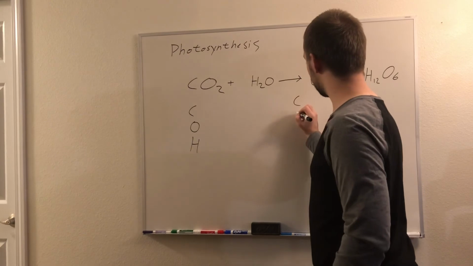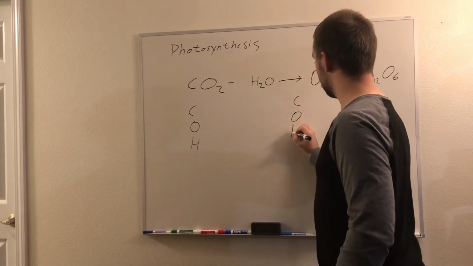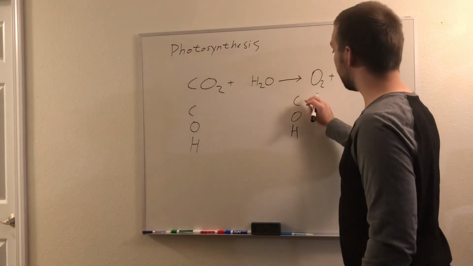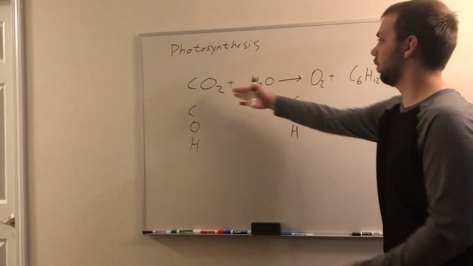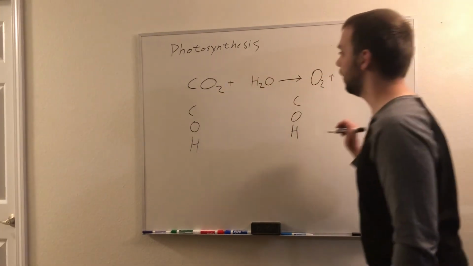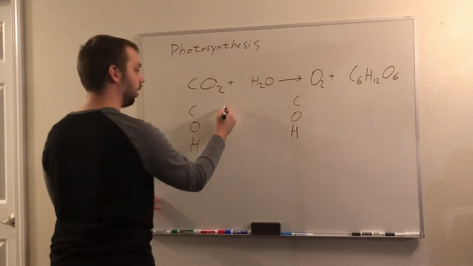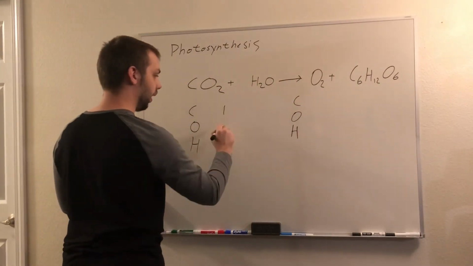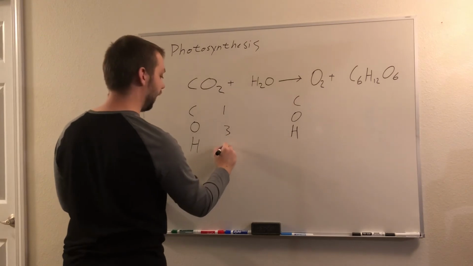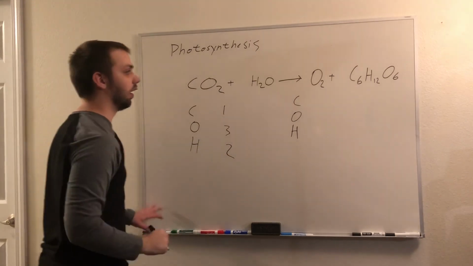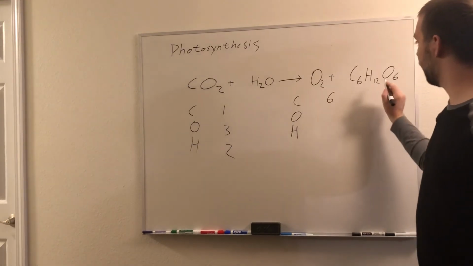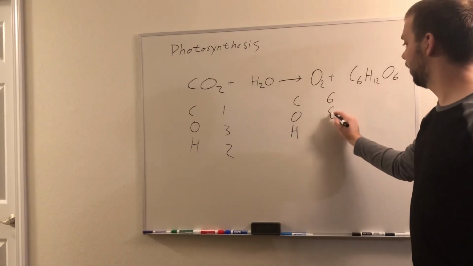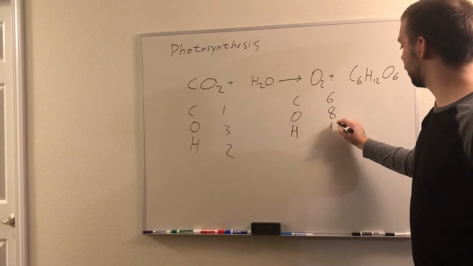And if you've talked about organic chemistry, then you'll know that organic chemistry is all about elements that have carbon. As you can see from this, a lot of life processes have carbon. So on this side, we have one carbon, 3 oxygen, and 2 hydrogen. Okay, let's look at this side. So on this side, we have 6 carbons, we have 8 oxygens, and we have 12 hydrogens.